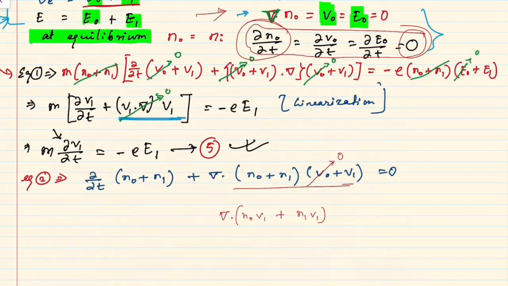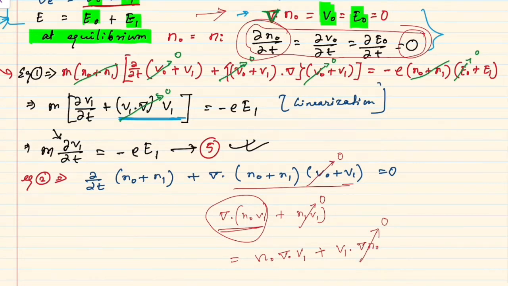If you linearize, the second order term will be 0, and this can be written as n naught del dot V1 plus V1 dot del n naught. So this term is equal to 0.